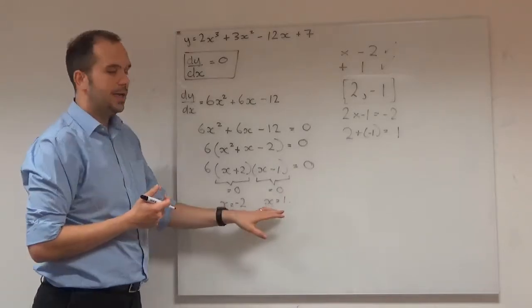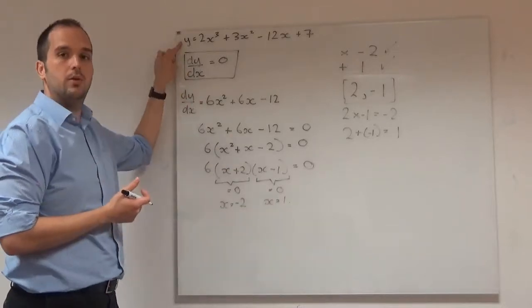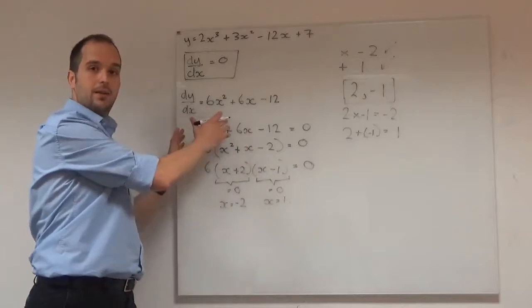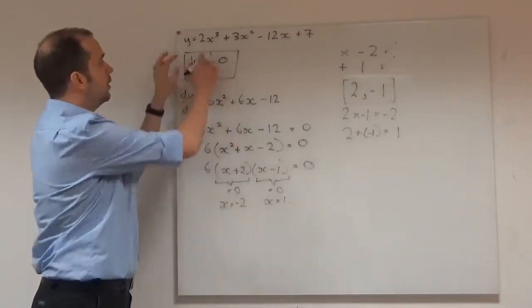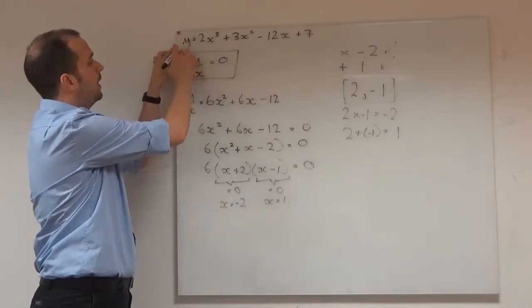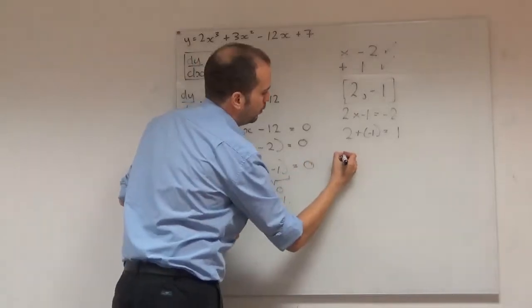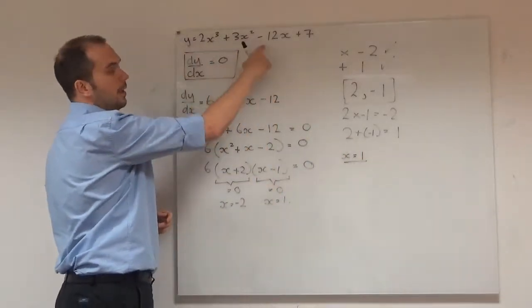So what we should do, we take each of our x values and substitute them back into the original equation. Some students get tempted to sub it back into dy by dx. That's not what we do. We take each point and sub it back into the original, the one that has y equal to. So I'm going to take x equals 1, and I'm going to substitute it into the original.